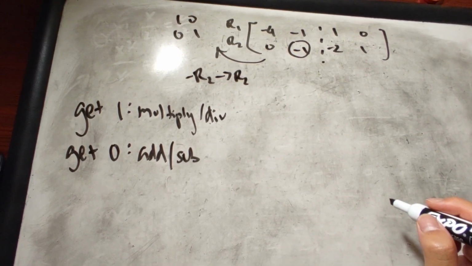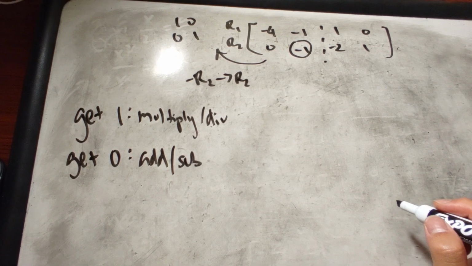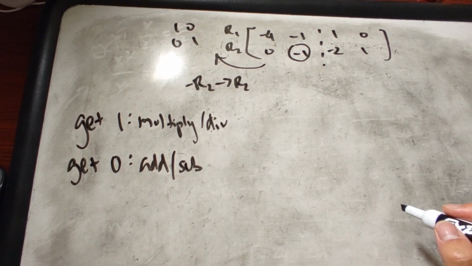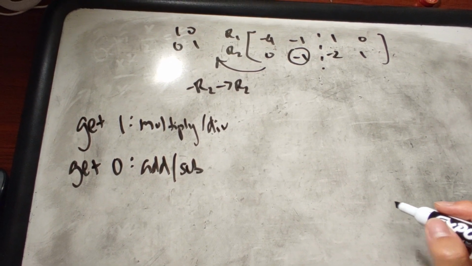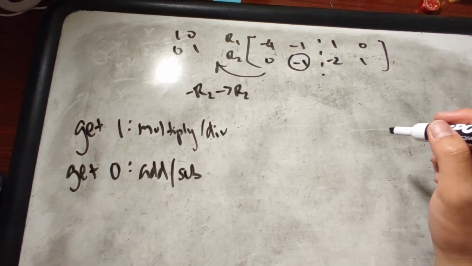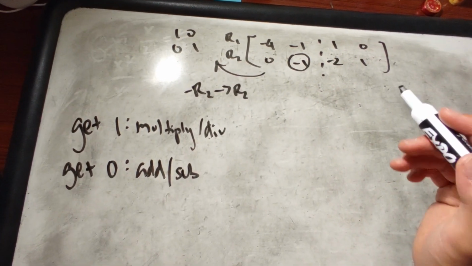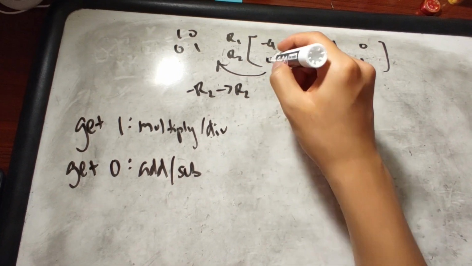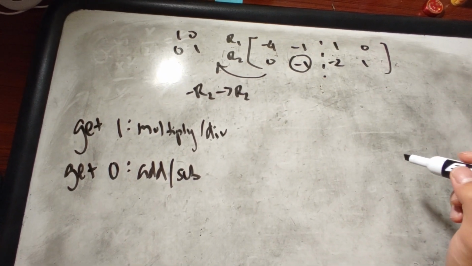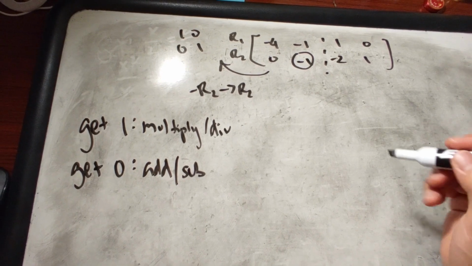And I think a tip we could use is to start off with getting a 0 first, because when you want to get a 1, you can just multiply it, and the 0 won't be affected by anything, because anything multiplied by 0 is 0.